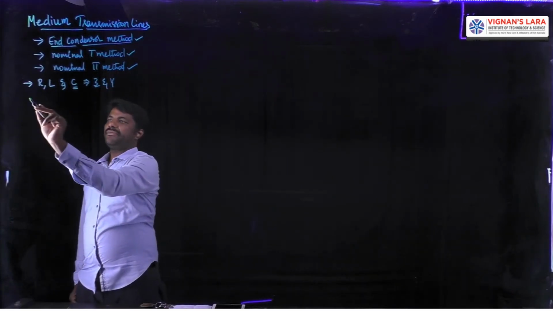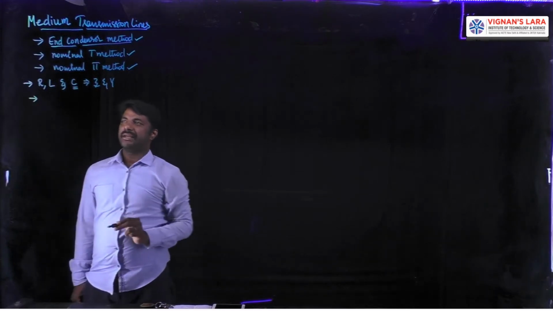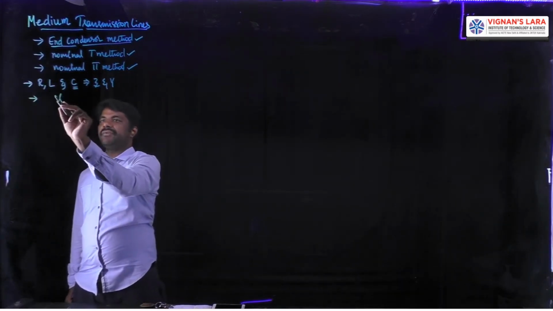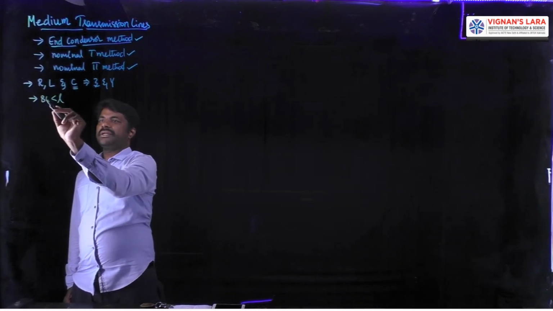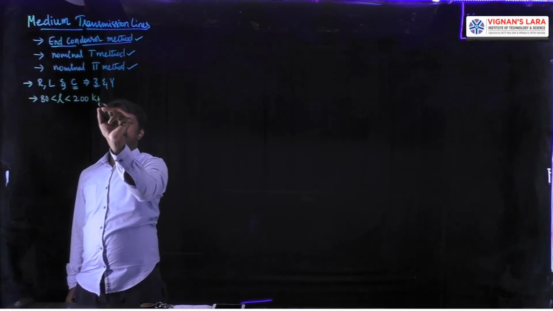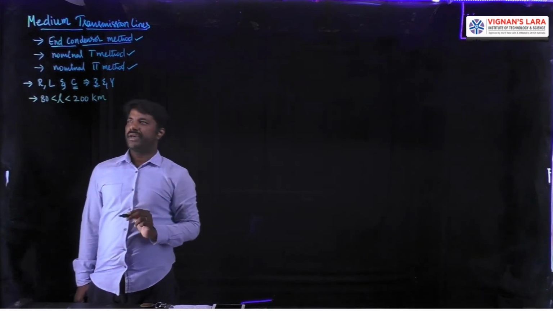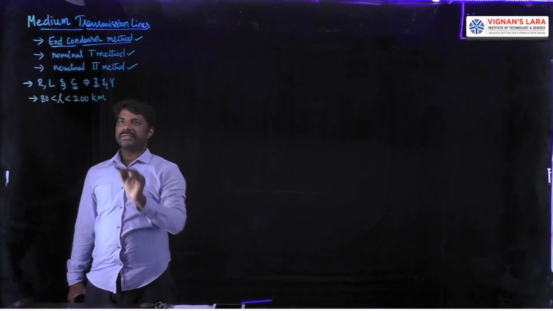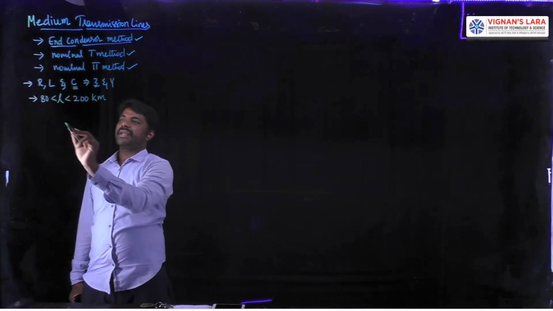And how to identify that the line is a medium transmission line? The medium transmission line length varies between 80 kilometers and less than 200 kilometers. If the length of the transmission line varies between these values, 80 kilometers and 200 kilometers, this comes under medium transmission line.